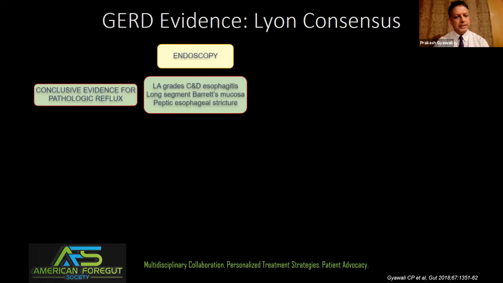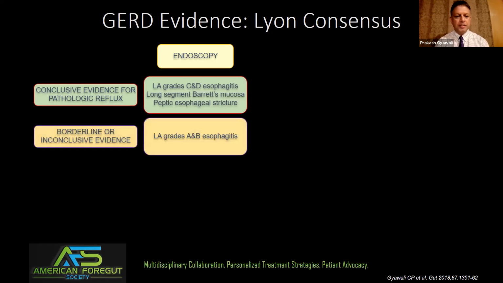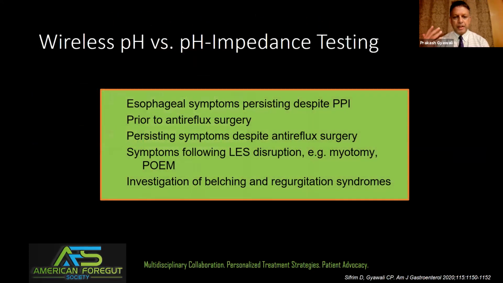Okay, so you've already seen this conclusive evidence with reflux and endoscopy, borderline inconclusive evidence, and the importance of recognizing some of these features is that if you have conclusive evidence, you do not need the next step. You have demonstrated evidence for reflux and you can move on to management. There are a couple of other steps if you're going down an invasive route for management, and we'll touch on this in a little bit.